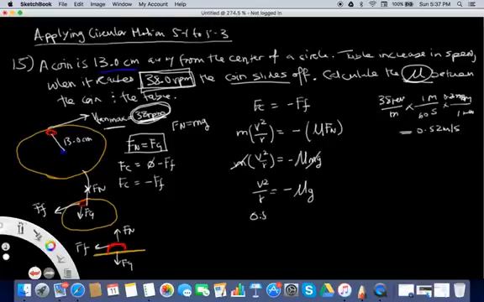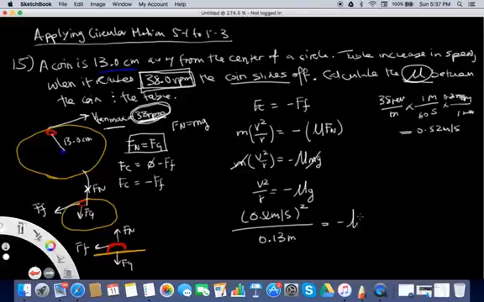So 0.52 meters per second, we'll plug that in to our velocity, and we have to square it, because it's v squared, over our radius, which is 13 centimeters, but we want it in meters, because all our other units are in meters, so it's 0.13 meters, equals the opposite of our mu times gravitational acceleration 9.80 meters per second squared.